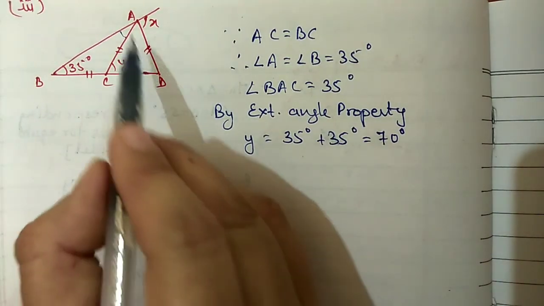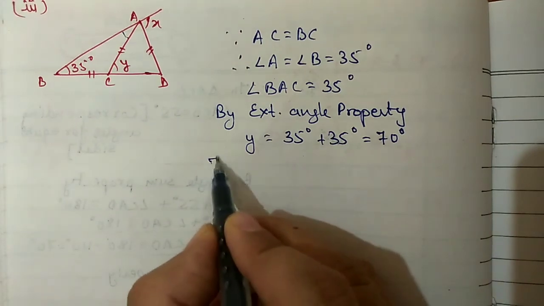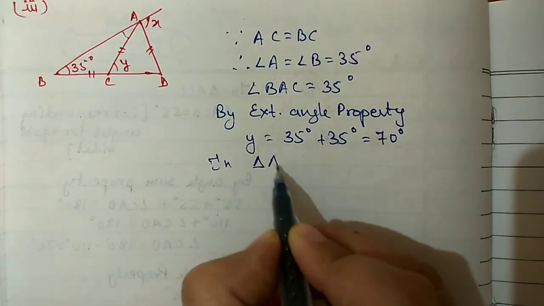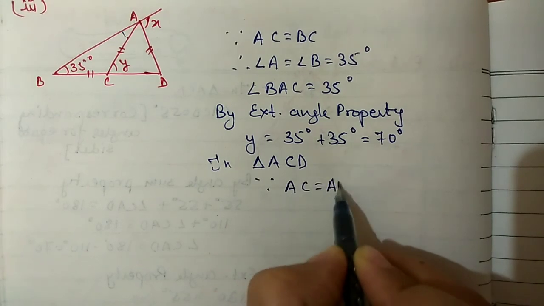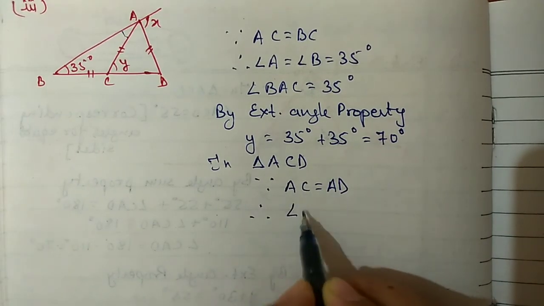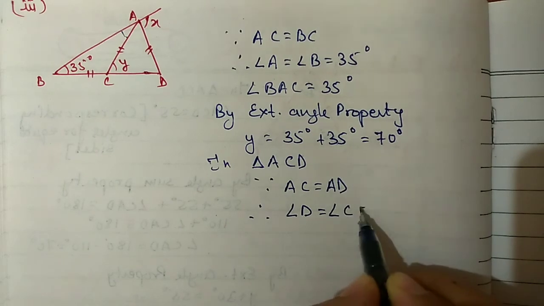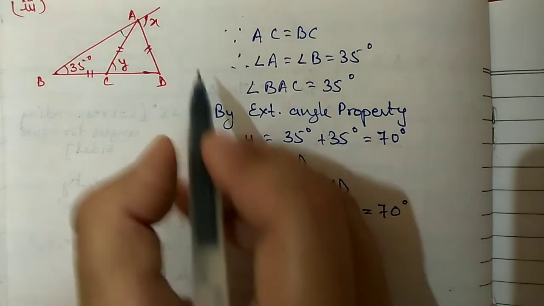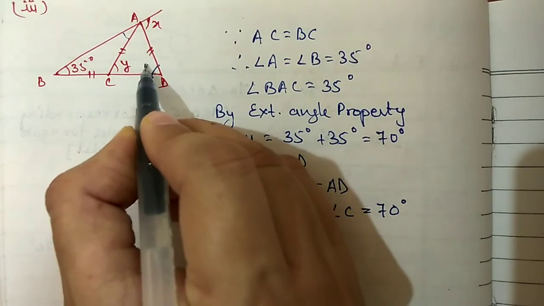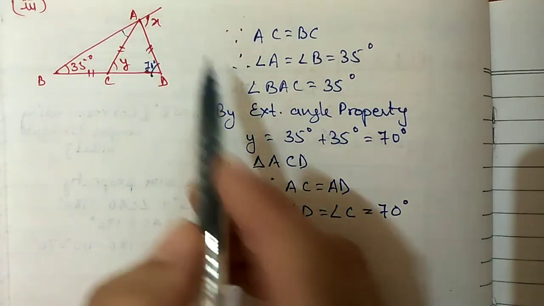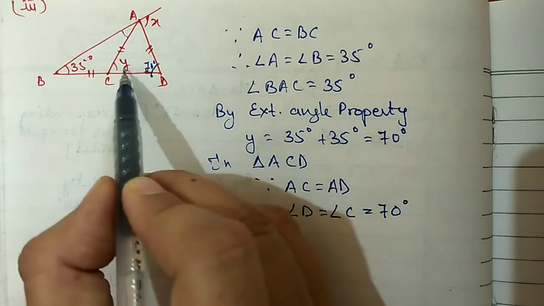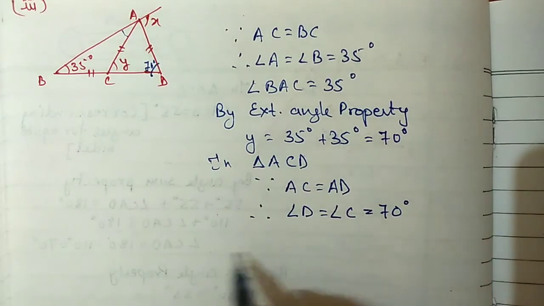Now after getting y in this triangle, in triangle ACD, because AC is equal to AD, therefore angle D is equal to angle C equal to 70 degree. So this angle also will be same 70 degree. Now we can find out x. After getting this 70 degree, find this angle also.